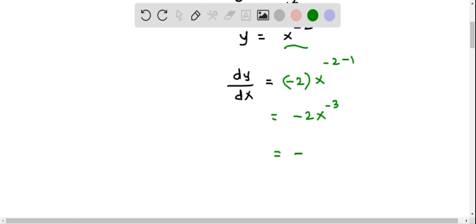So therefore this equals negative 2 divided by x power minus 3, which can be written as 1 over x power 3. And so this becomes negative 2 divided by x power 3. So this is the derivative of y with respect to x, and this we found by solving for y.